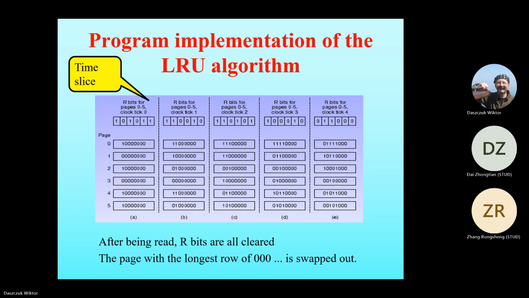And the modified bit, M, should be cleared individually when the operating system writes the content of the page to the disk, the operating system clears the M bit for this individual page.